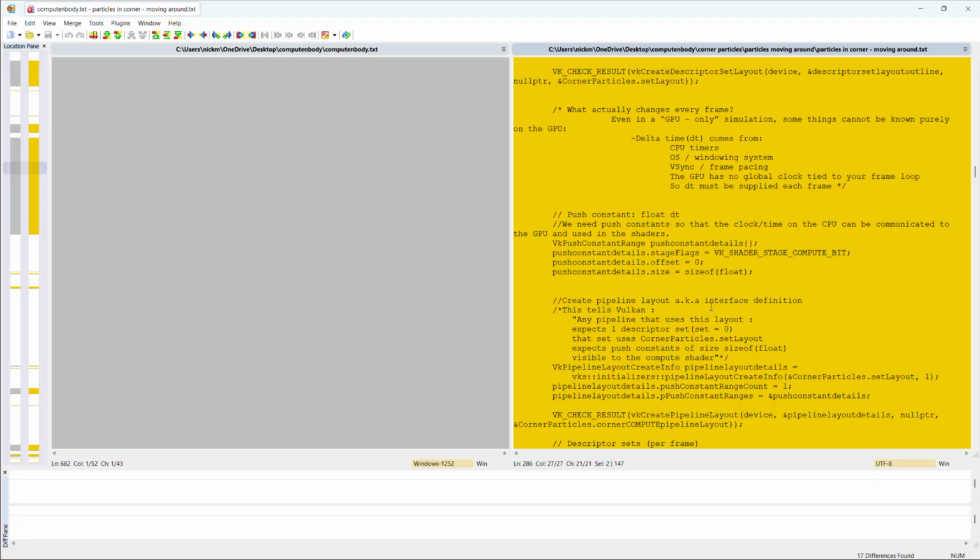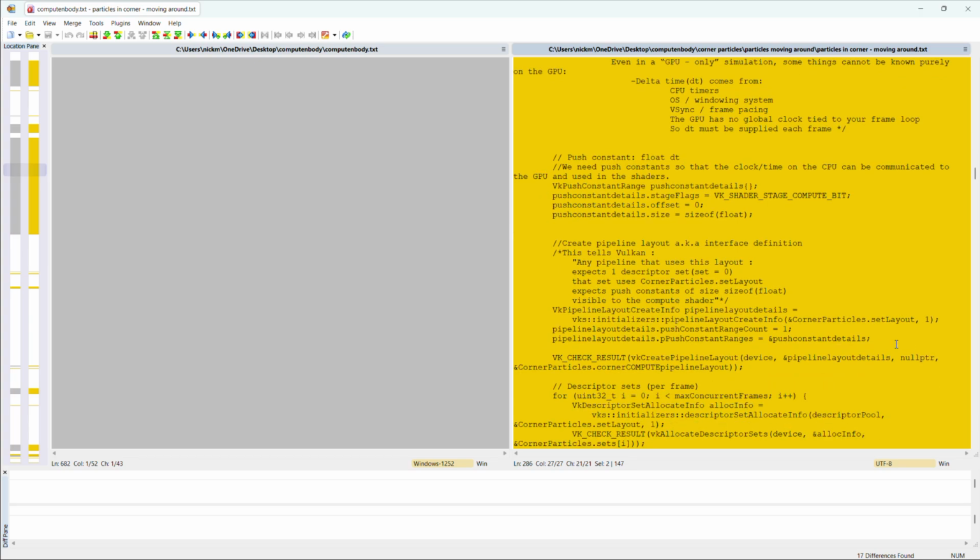So create pipeline layout, aka interface definition. This tells Vulkan any pipeline that uses this layout expects one descriptor set 0, that uses the corner particles set layout, and expects push constants of size of float, visible to compute shaders, right?